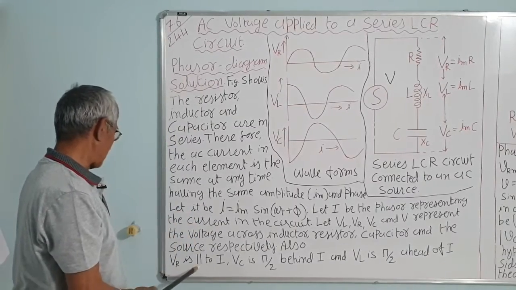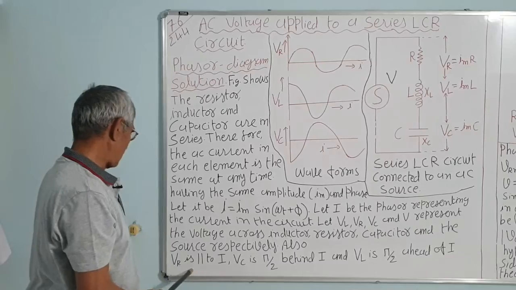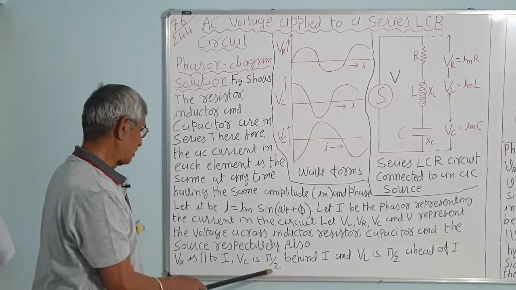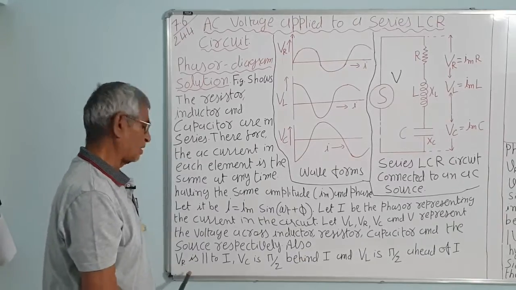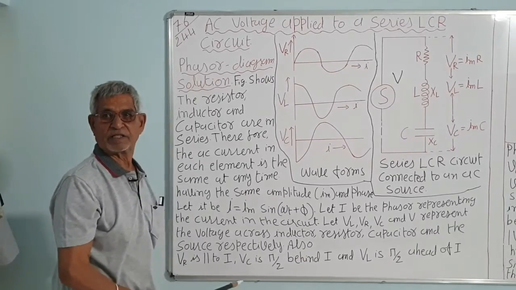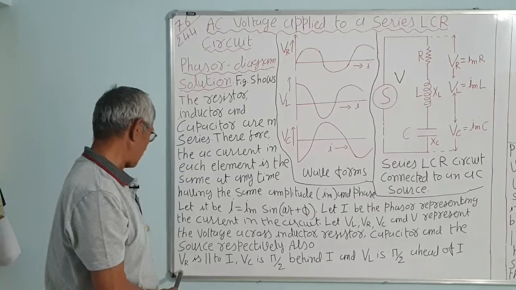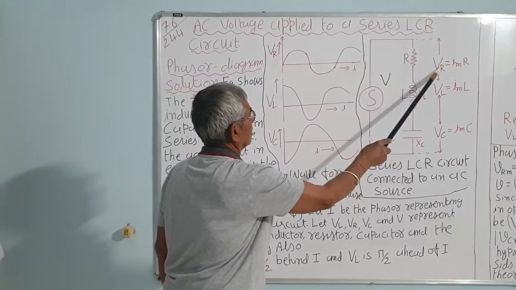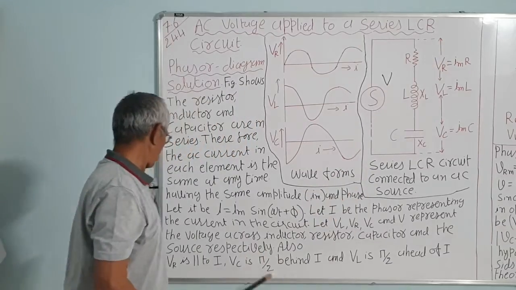Also, VR is parallel to I. VC is pi by 2 behind the current. We know that the current in the resistor is in the same phase with the voltage, so VR, the voltage across the resistor, is in the same phase with the current.